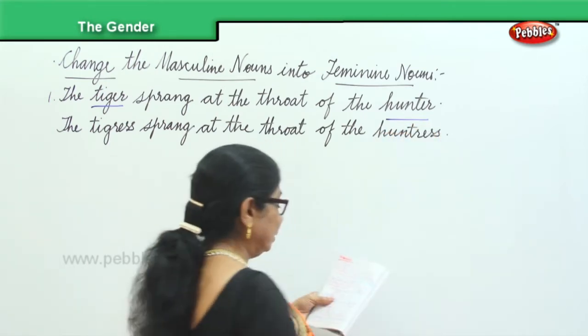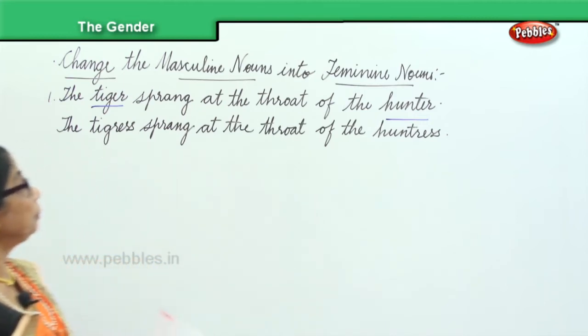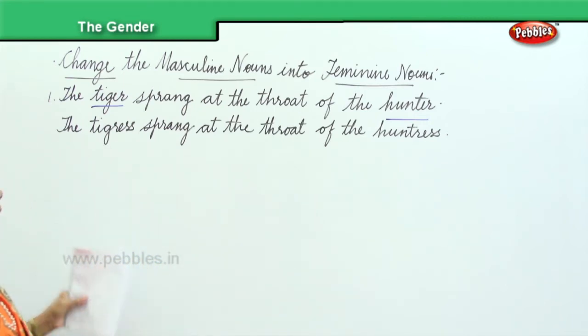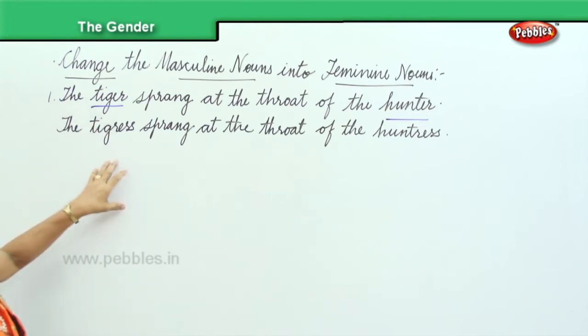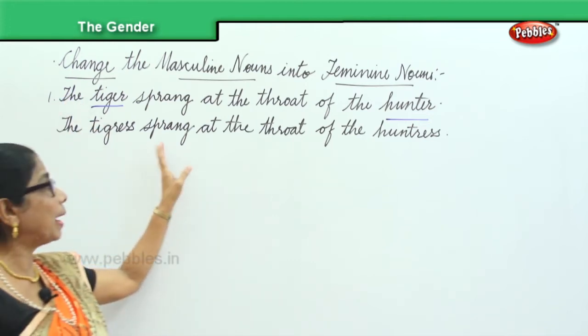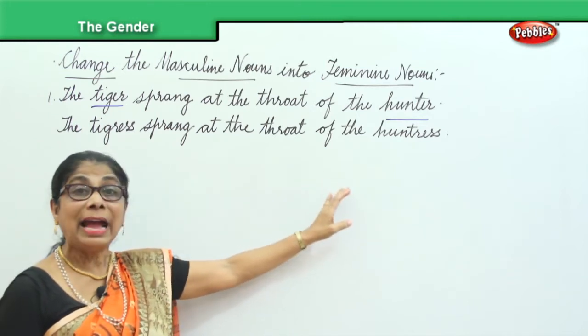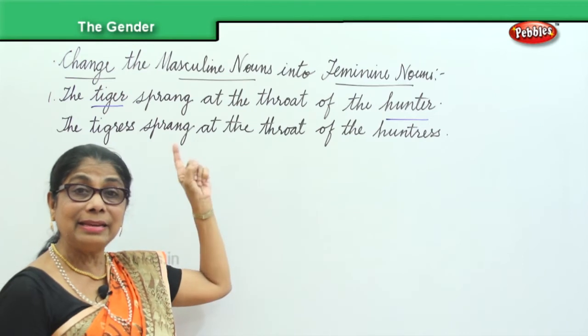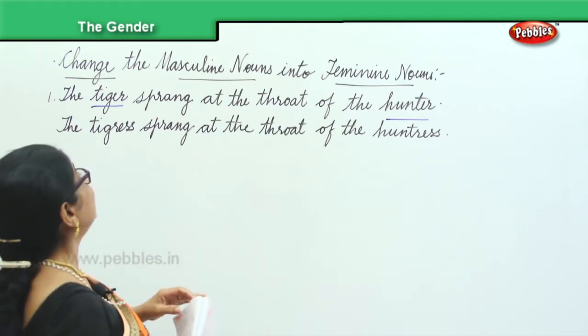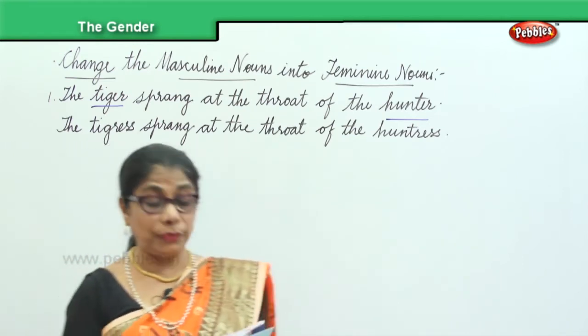Hunter, huntress. So, the tiger sprang at the throat of the hunter. You change the tiger into tigress. The tigress sprang at the throat of the huntress. So, we change the hunter to huntress, tiger to tigress, changing the masculine nouns into feminine nouns.